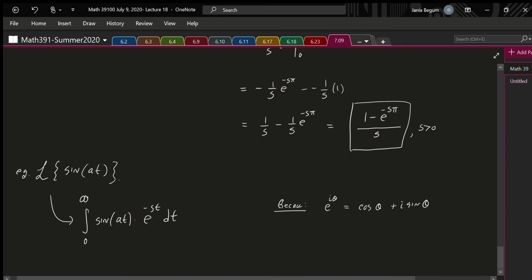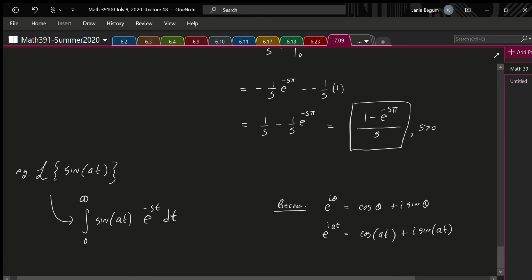We had that in the past. So I'm going to rewrite e to the i theta using the angle at instead of theta. You can modify this using Euler's identity as cosine of at plus i sine of at.